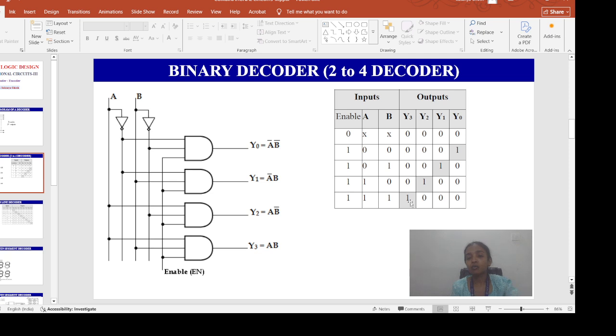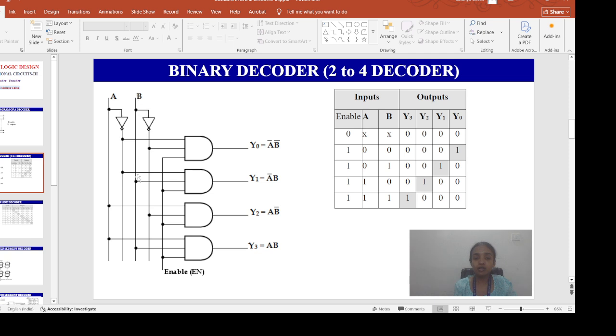Now, whenever we get a 1, accordingly we have to get the logic diagram. Y0 means A bar, B bar and enable, that is the AND operation. First we make an input line for A, then the inverted input line for A, that is A bar.